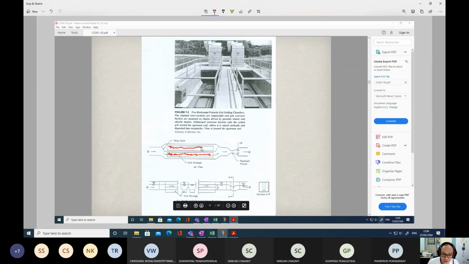This is the sedimentation zone for the other chamber. Basically, it's just a rectangular chamber, but they make it like this to enhance the precipitation so that there will not be any grit accumulated at the edge of the chamber. So all the grit after settling will accumulate in the grit storage below.